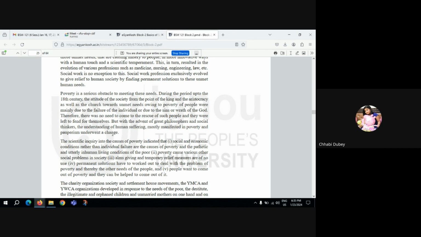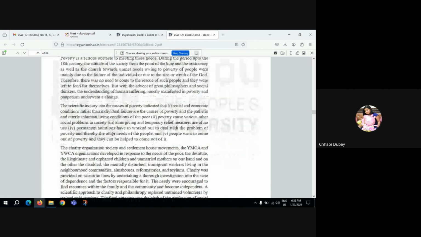Now, the charity organizations and the settlement house movements, the YMCA, the YWCA organizations, all started in response to the needs of the poor, the destitute people, often children, single mothers, and other people who were in need and could not help themselves.